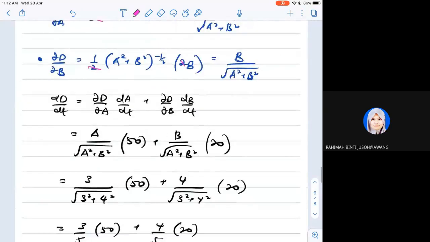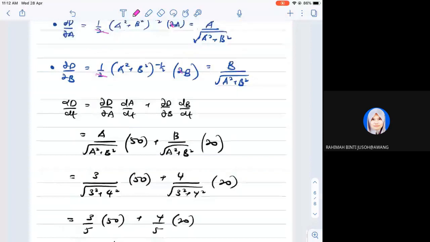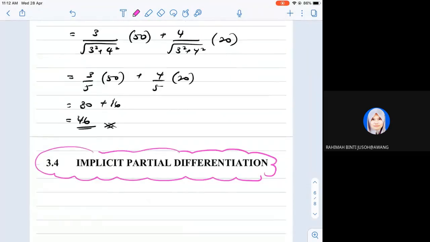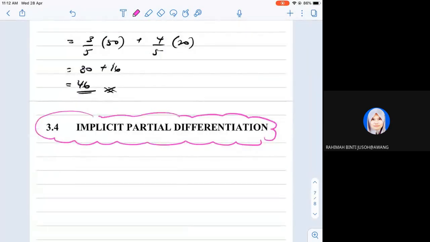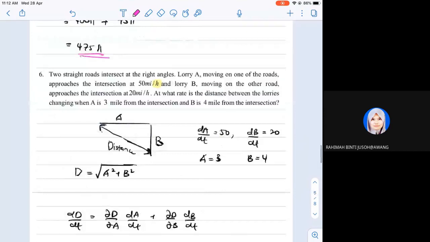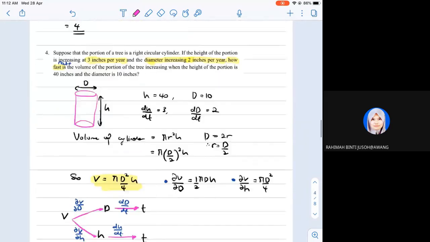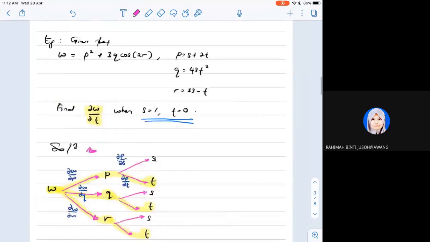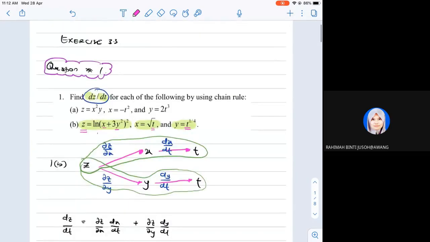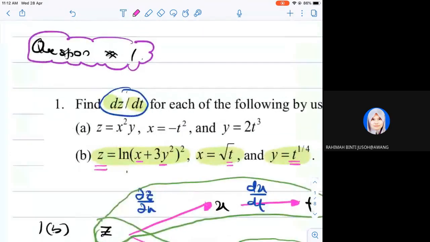Actually guys, for this question, soalan tadi nombor 6 ni, you also can solve by using implicit partial differentiation. Alright? Implicit means the function embedded inside the main subject. Tadi main subject duduk kat luar kan? Contohnya yang tadi ni. Okay, contohnya macam ni kan.